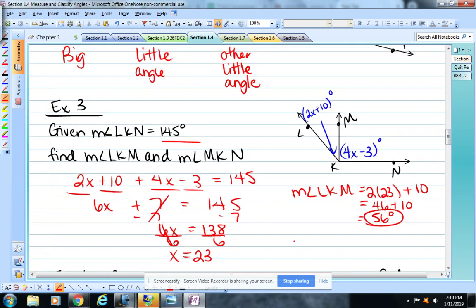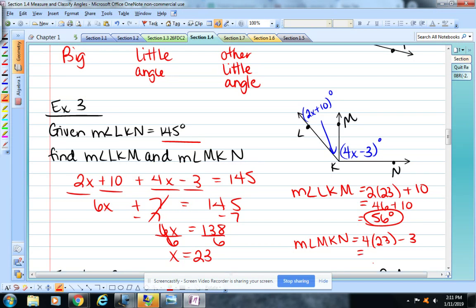And then the other little angle they want us to find the measure of is the measure of angle MKN, which is right here, and that's 4x minus 3 degrees. So I say 4 times what was x? 23 minus 3.